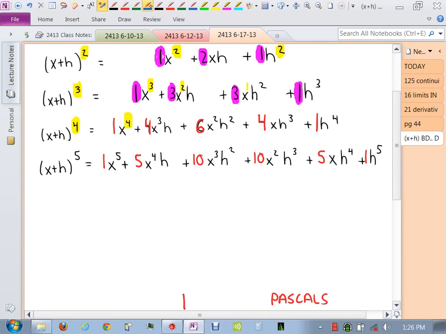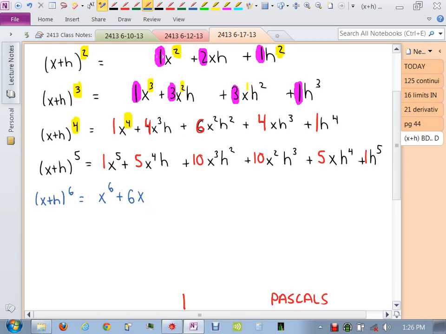So let's try one final piece here. What's x plus h to the 6th? 1x to the 6th. Then what? Plus, careful, 6, because you're adding the 1 and the 5.